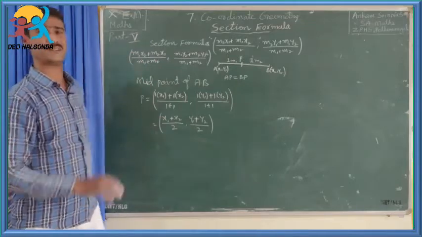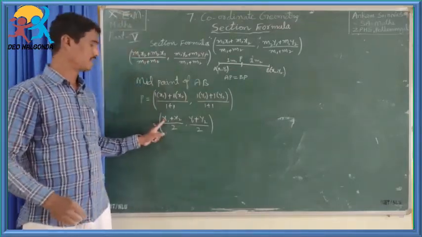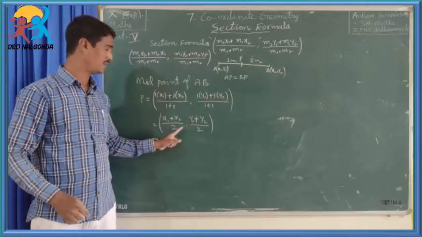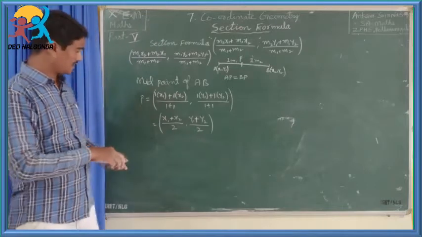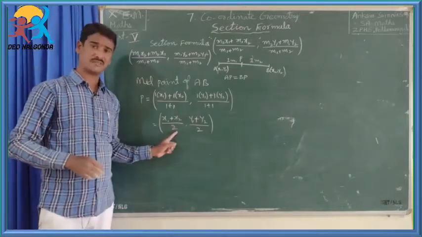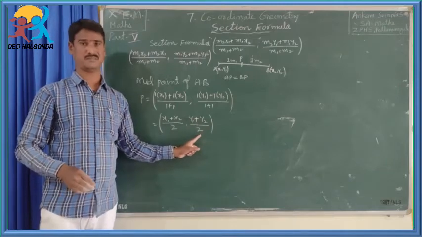So a very easy formula to find the midpoint of a given line segment: x1 plus x2 by 2, comma y1 plus y2 by 2.